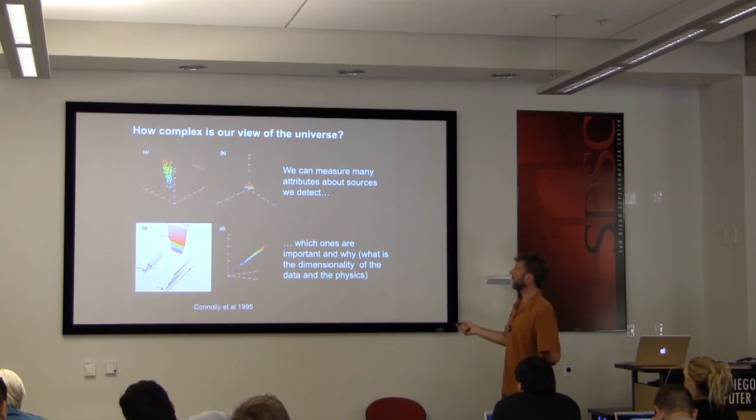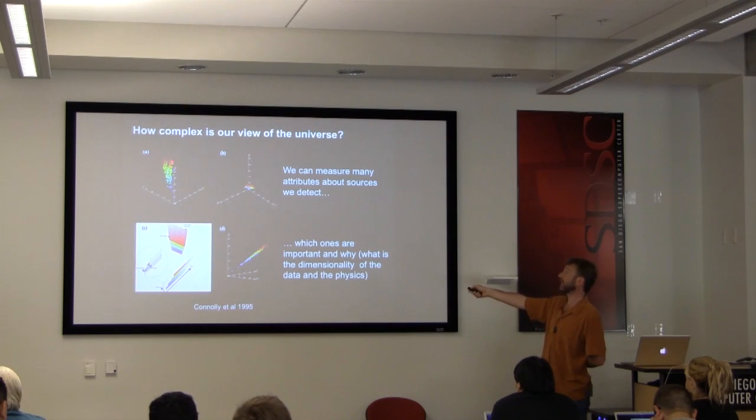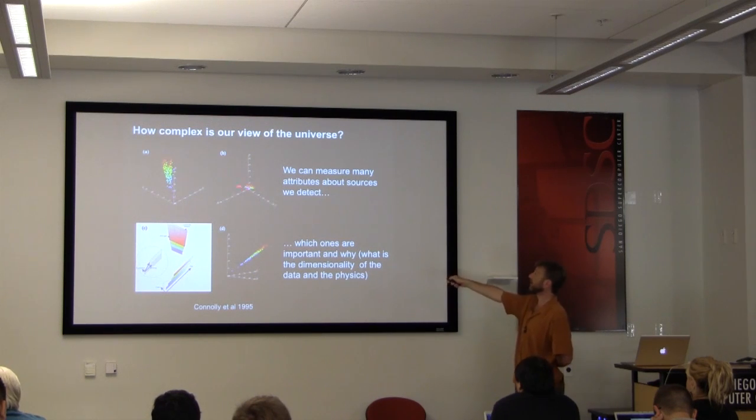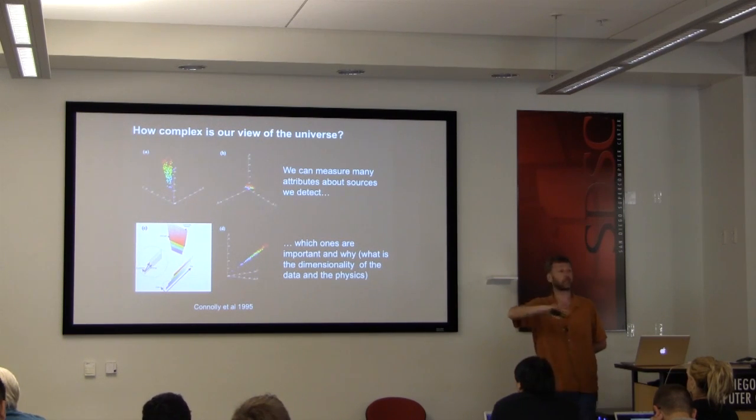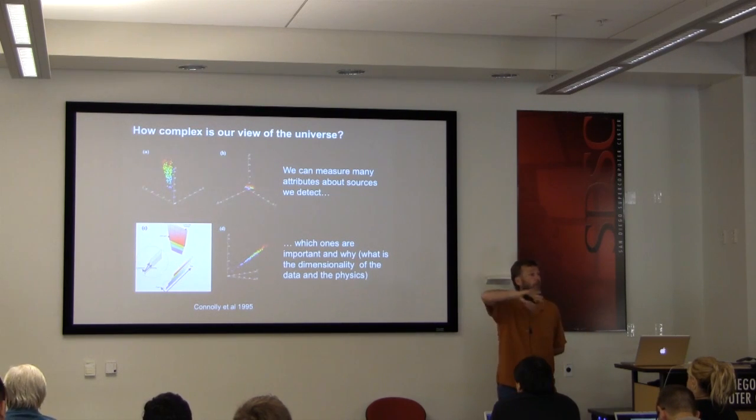The second thing you see is that within these data, there are physical correlations. So the high redshift galaxies tend to reside over here, low redshift reside down here. If we look at these in different projections, you can see the data themselves are almost planar. It's a three-dimensional space, but the data occupy like a two-dimensional plane.